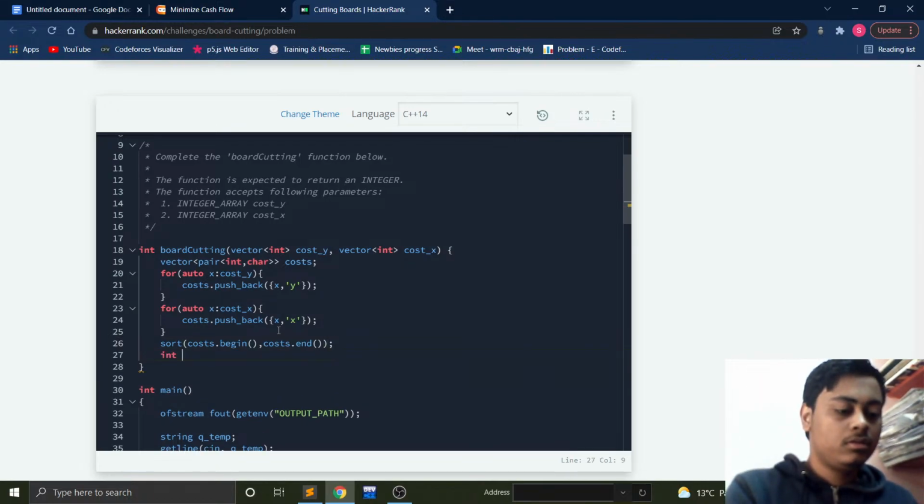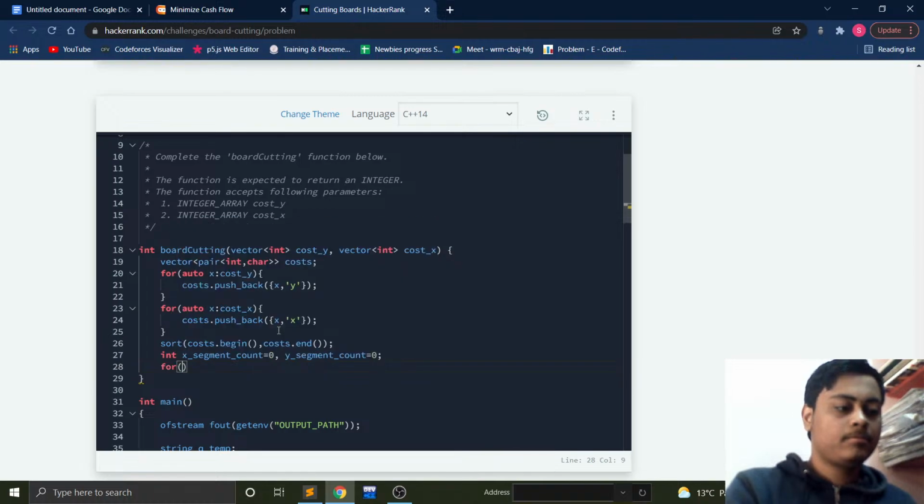Then segment count x, and y segment count, right? You can also make an answer.